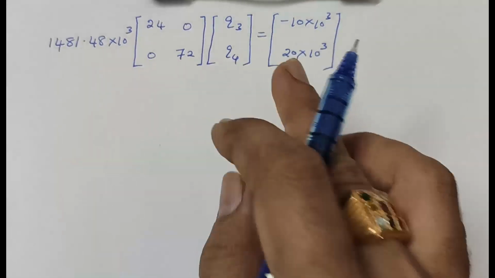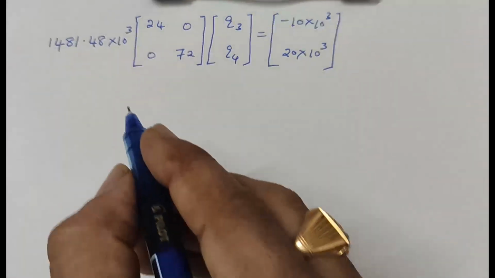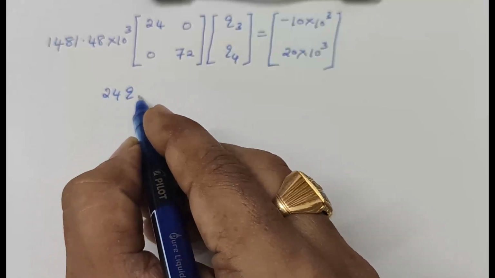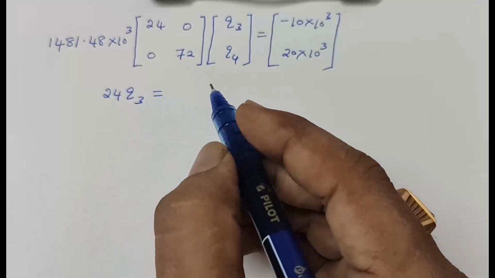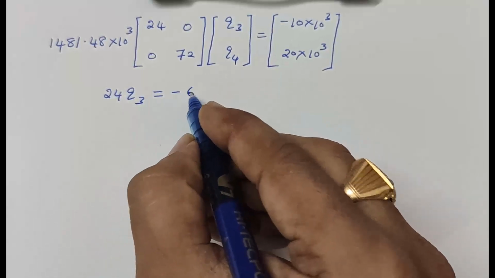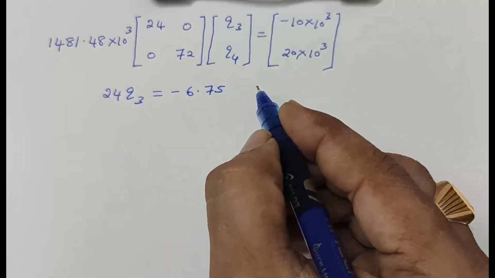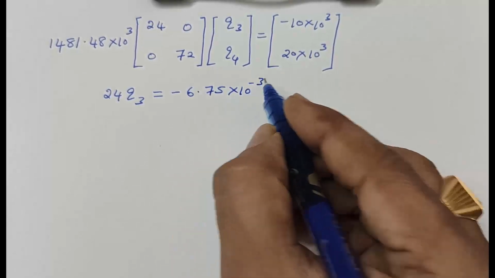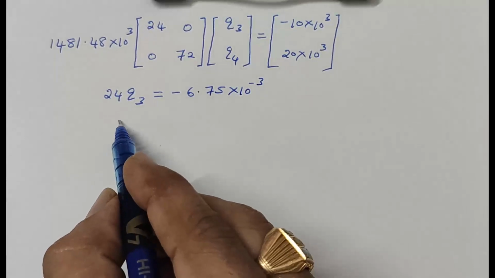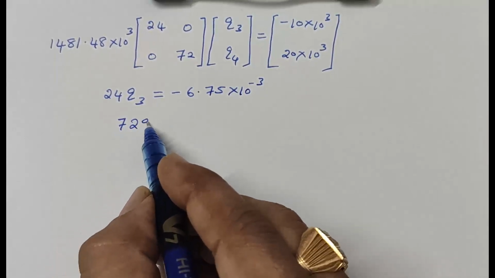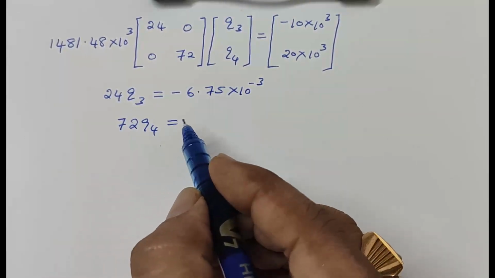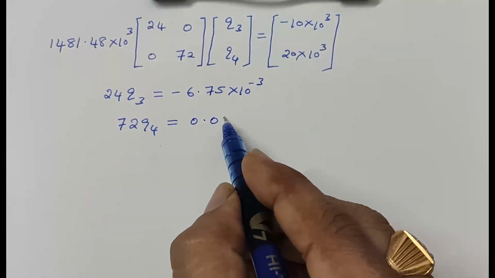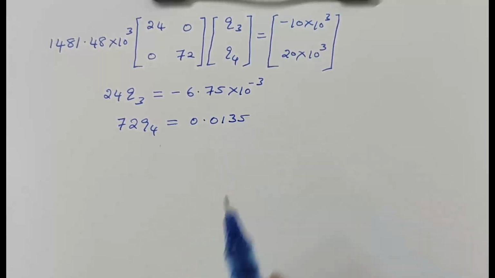Now we will multiply the matrix. We will get 24 Q3 is equal to minus 6.75 into 10 power minus 3. Similarly, 72 into Q4 is equal to 0.0135.